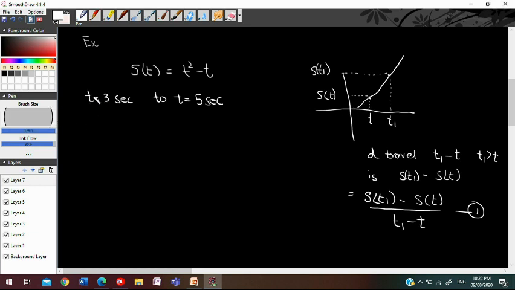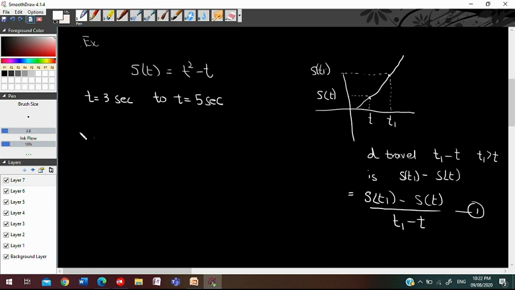So if I take t equals 3 seconds to t equals 5 seconds, what happens? We are going to calculate the average rate of change.